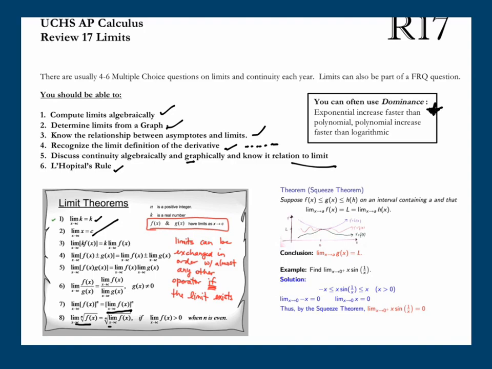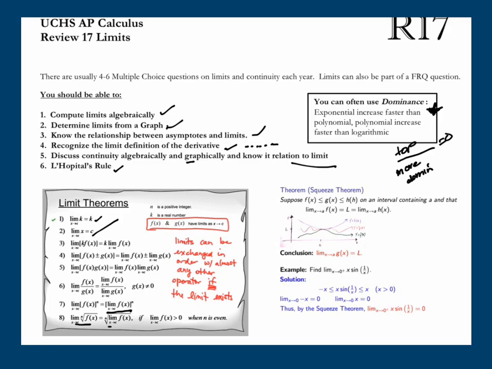So you need to remember that, and we're talking about the bottom. Let me rephrase that. If the bottom is more dominant than the top, then the limit equals 0.